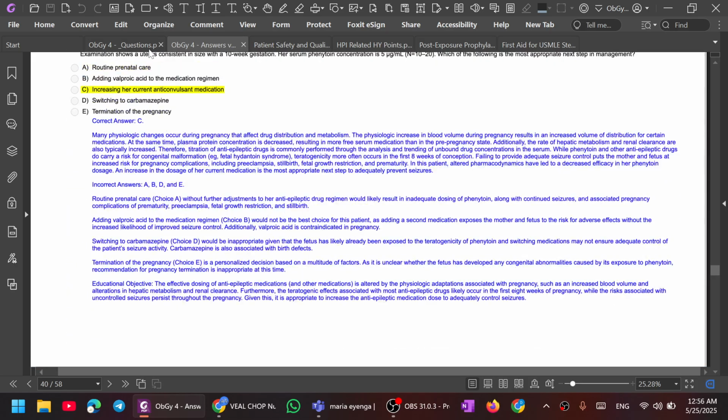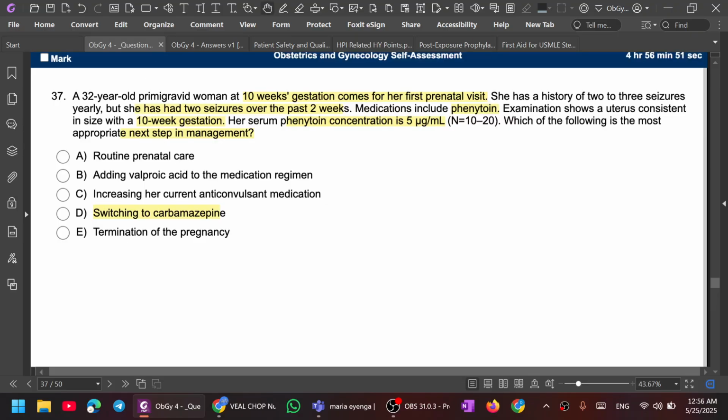Many physiologic changes occur during pregnancy that affect drug distribution and metabolism. The physiologic increase in blood volume results in an increased volume of distribution for certain medications.